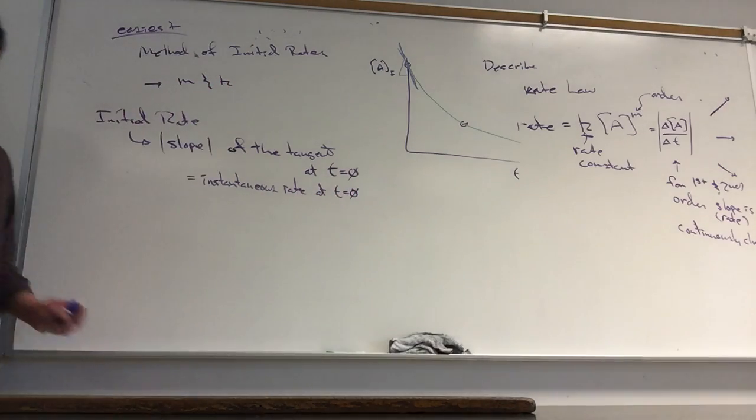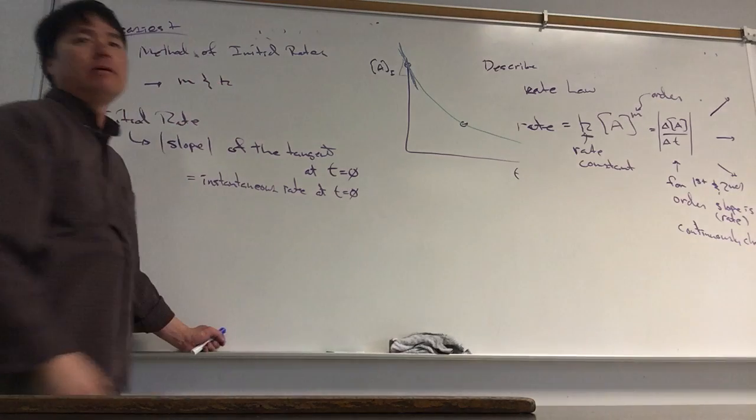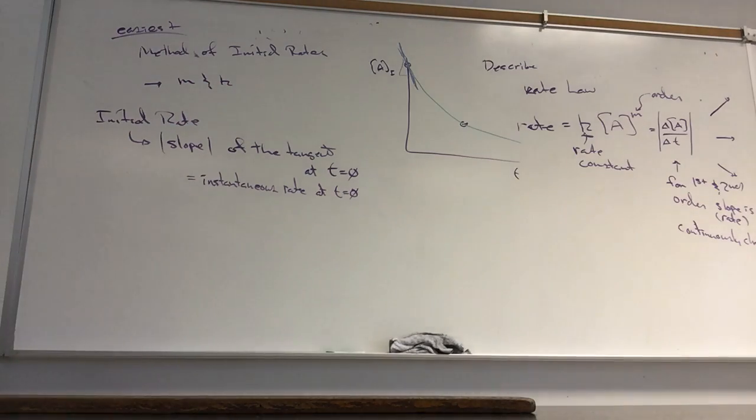Well, drawing tangent lines isn't so easy most of the time. So what we might do is we might take the average rate over a time interval.